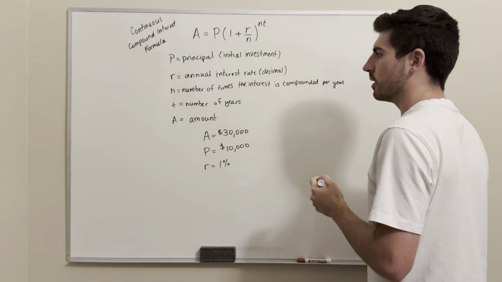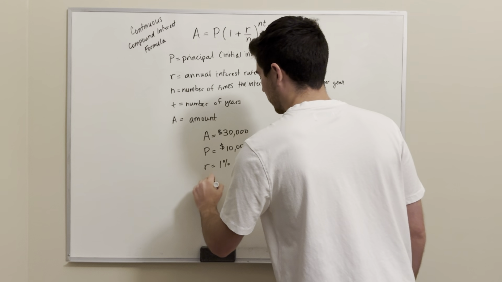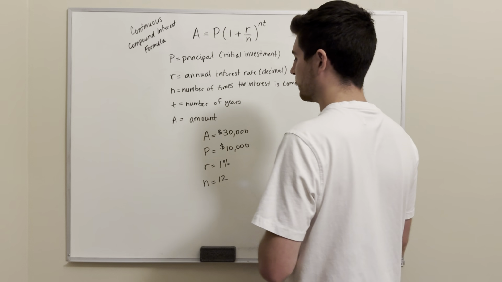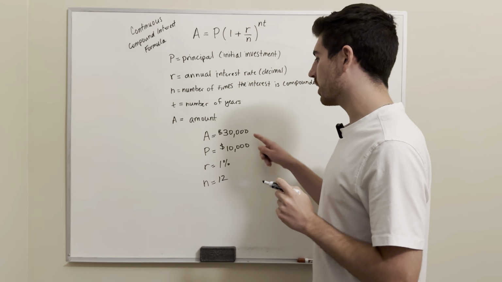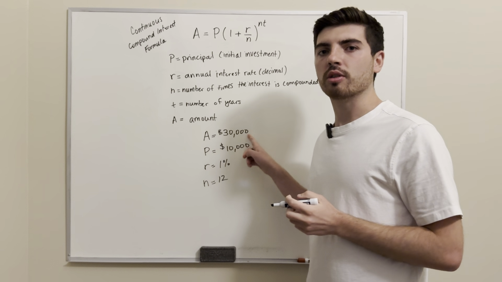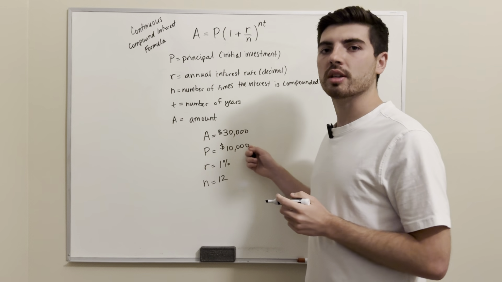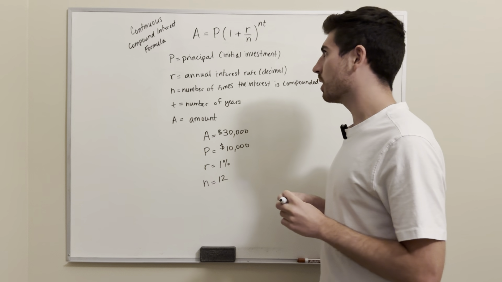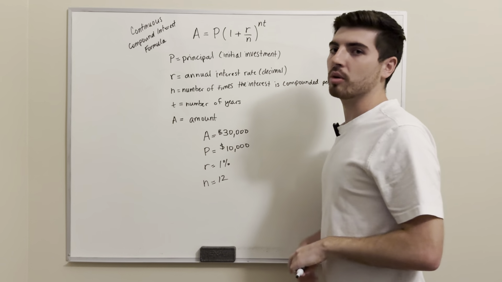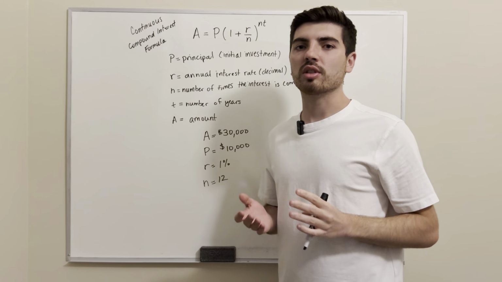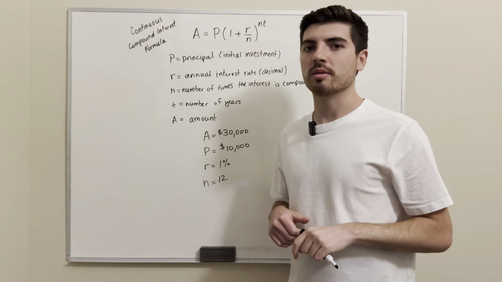And it's compounded monthly, so n equals 12. How many years would it take for me to reach my goal of $30,000 in my bank account with an initial investment of $10,000? Well, I need to solve this equation for t, which is in the exponent, which means we'll have to use logarithms to solve this equation.